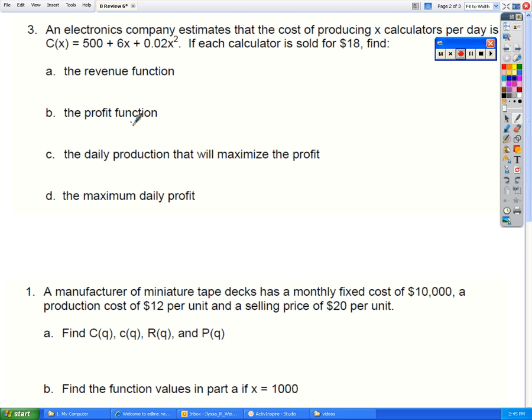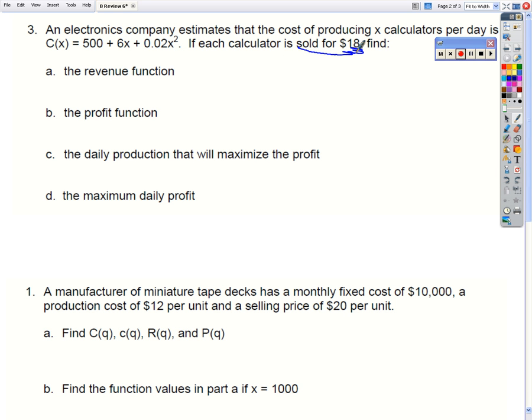Okay, the revenue function, if each calculator is sold for $18, the revenue for each unit is 18x. Profit is the revenue function minus the cost.